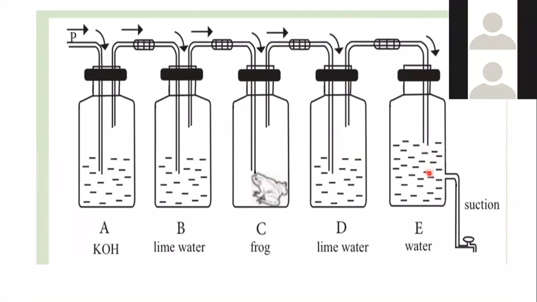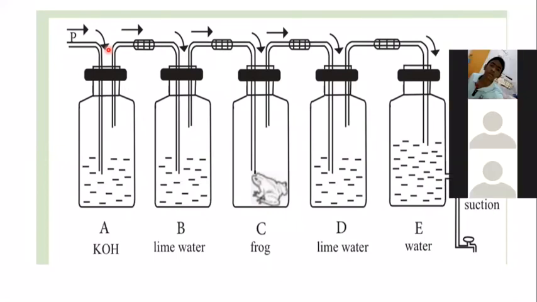When water comes out, it gives a suction pressure so that air moves in through the P. So this is the basic setup for our science syllabus to show that carbon dioxide is released during the cellular respiration process. Okay. Now we'll move to our tute.